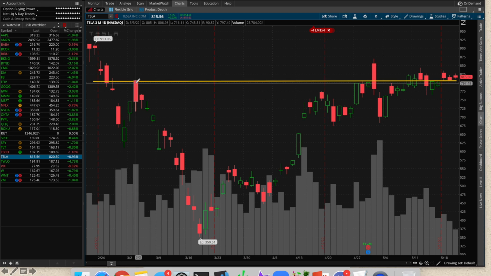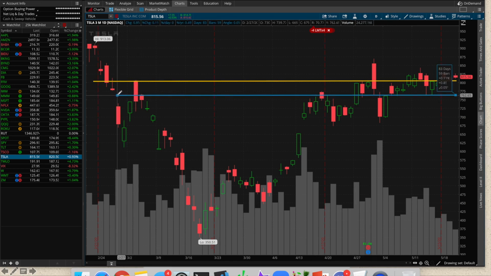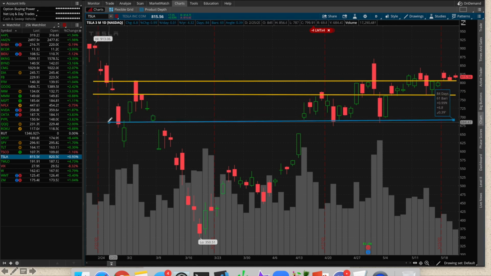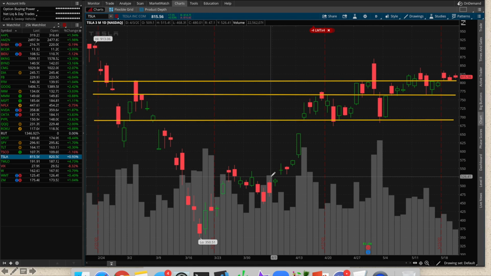So this is one support line. Let's draw another one somewhere over here. That looks like a very obvious support line to me. Okay. And then finally, let's draw another one just for practice somewhere over here. Okay. So I'll stop here. So now we have three support and resistance zones in Tesla.